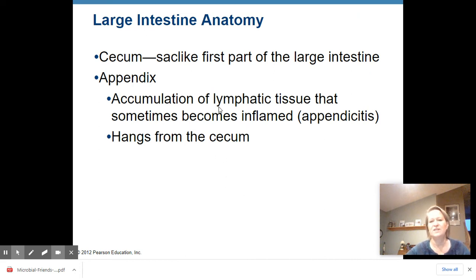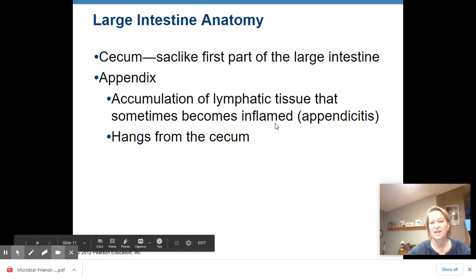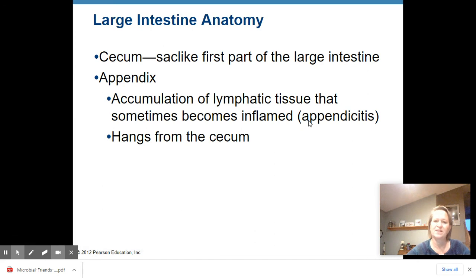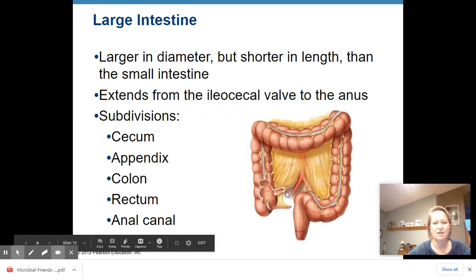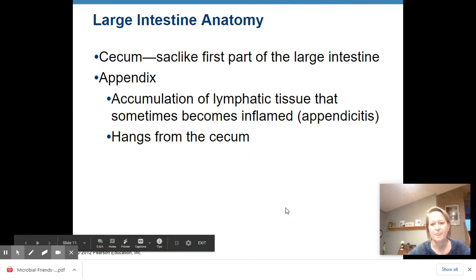But we're finding that there's a lot of lymphatic tissue in there that really houses some good bacteria, but it can become inflamed, and that results in appendicitis. And if appendicitis bursts, then we can end up having a hard time. So there is the appendix right here.